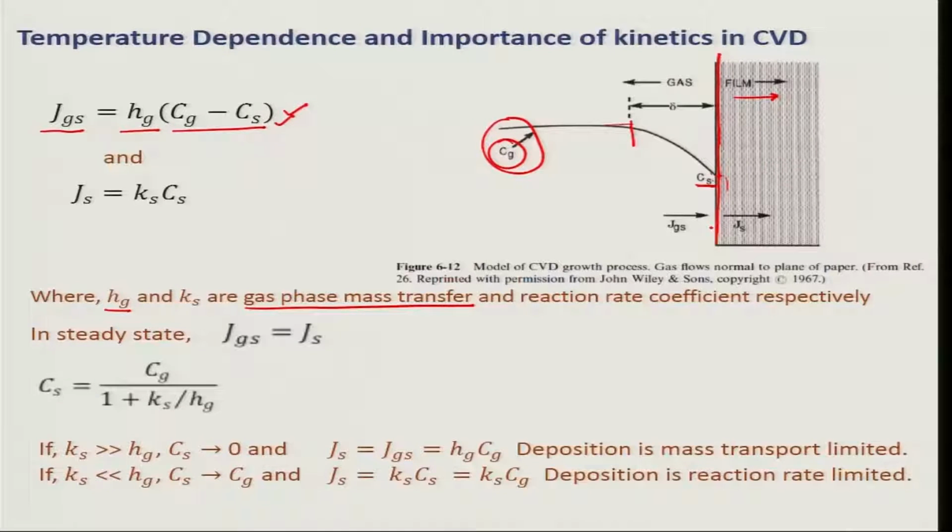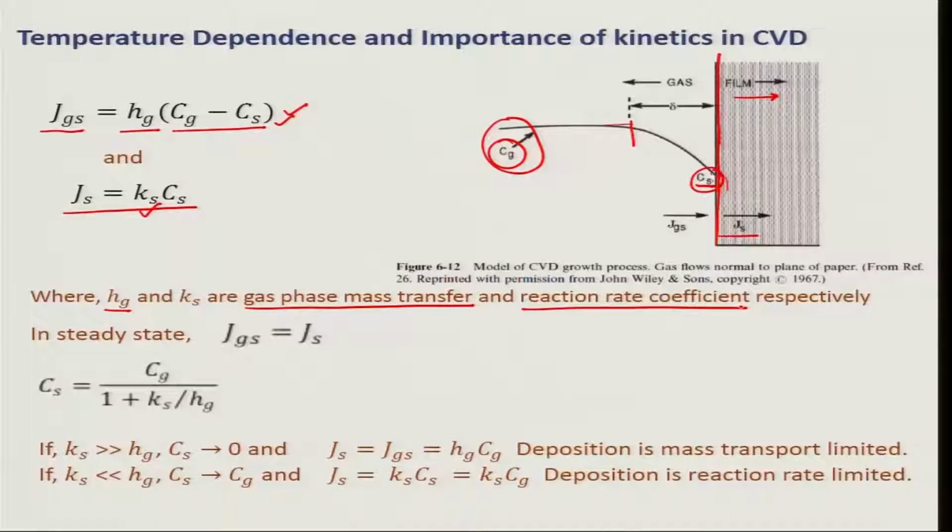Now, the flux being consumed to convert these gases into film will depend on the film deposition rate. So, the film deposition rate will depend on the concentration at the surface and the reaction rate.